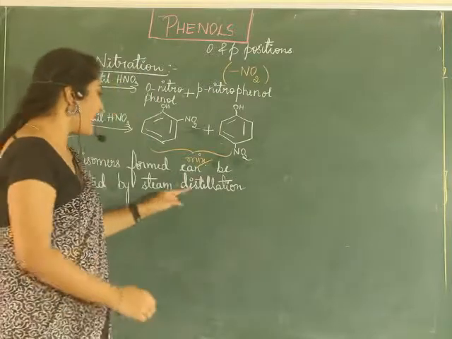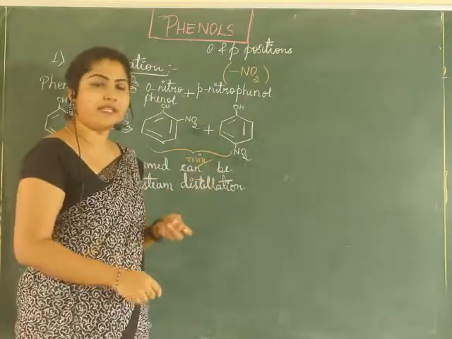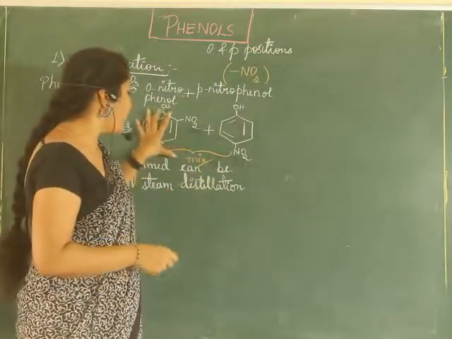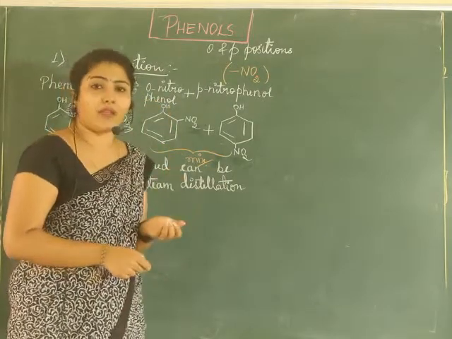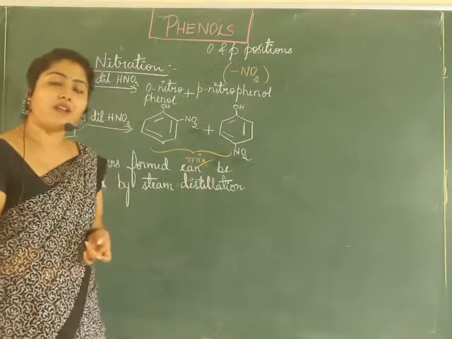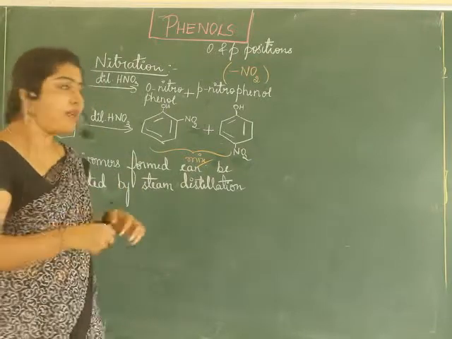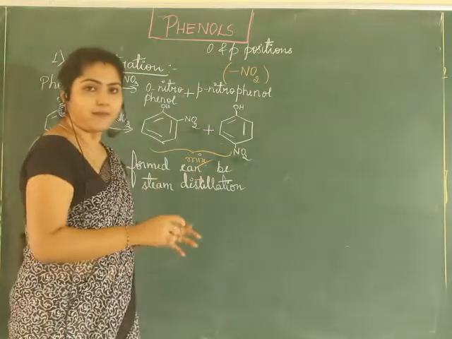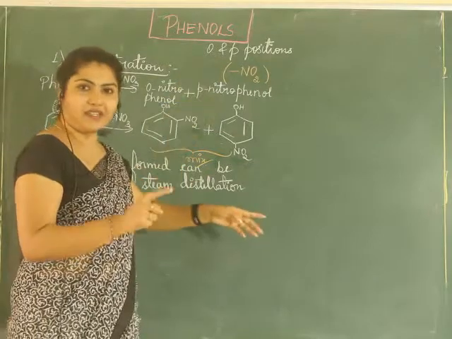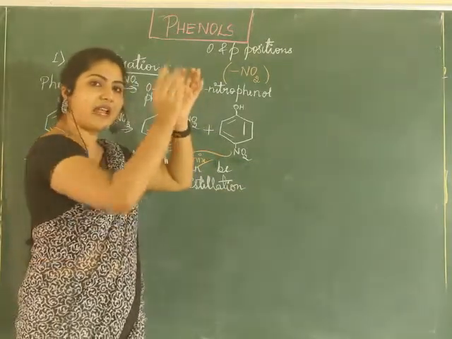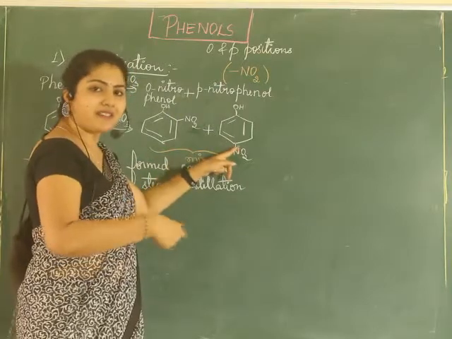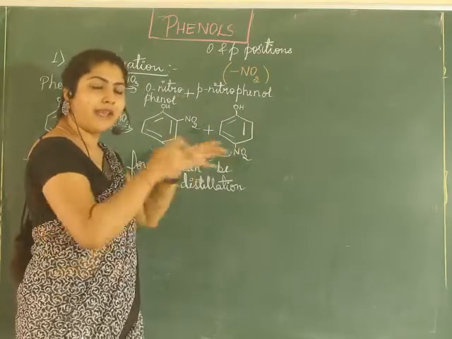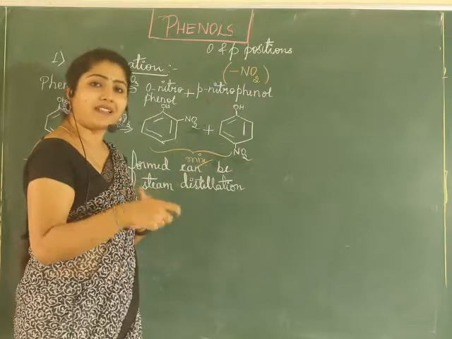So steam distillation, because out of these one of the isomers, say orthonitrophenol, is highly steam volatile. That means when you treat it with steam, then it easily evaporates. So you can collect it separately, isn't it? If it evaporates first, then that can be condensed and collected first. And this slowly, if it starts distillating, then it can be collected next.